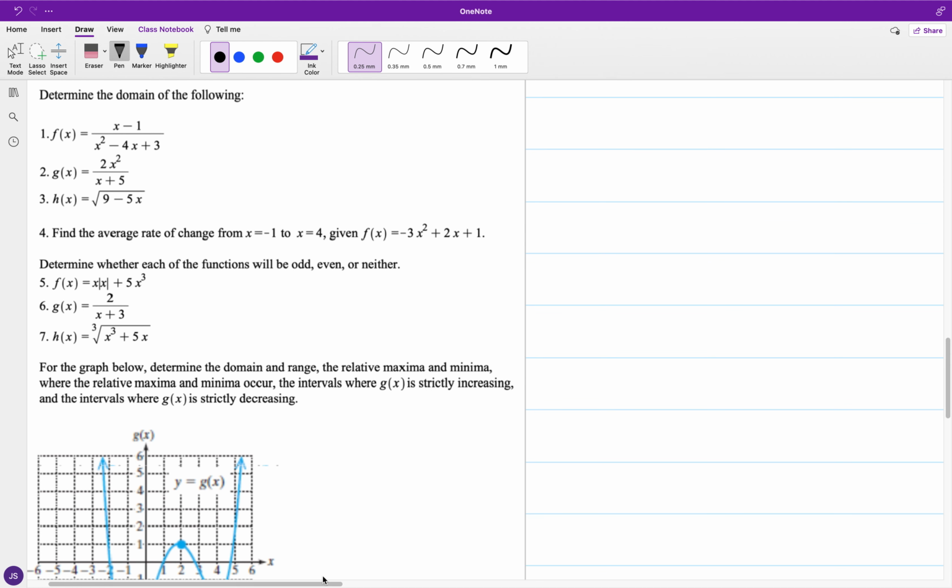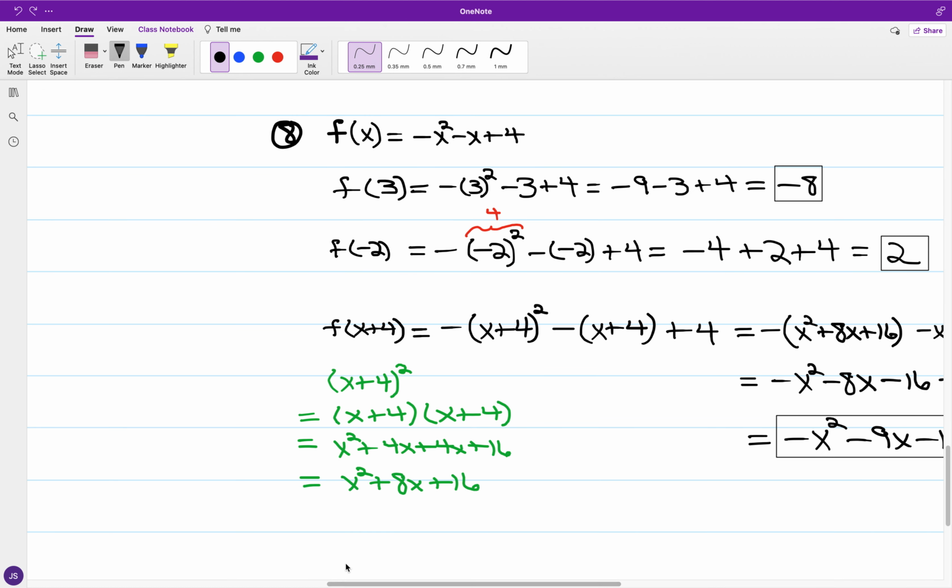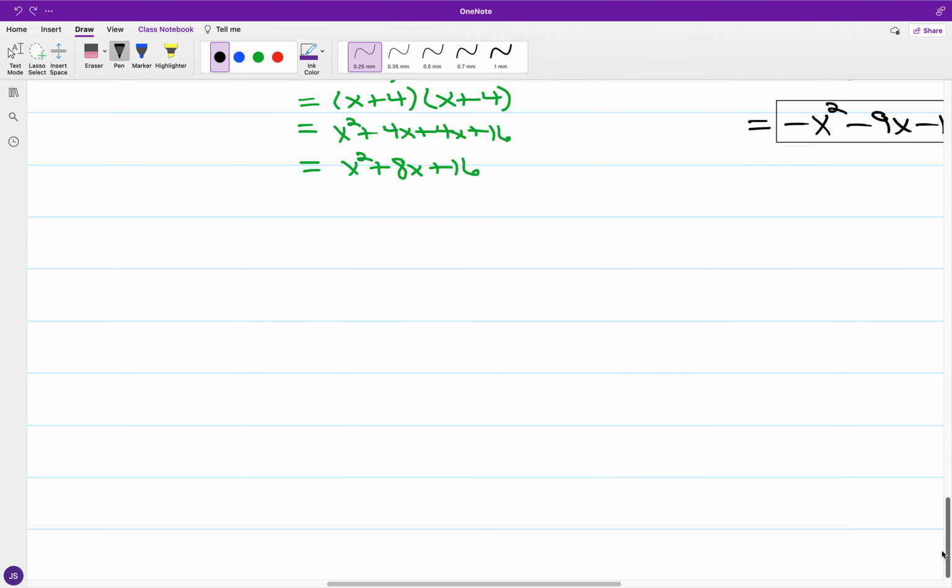And for what we have in the case of number 9, for f of x, we have equal to negative 3 if x is less than 4.